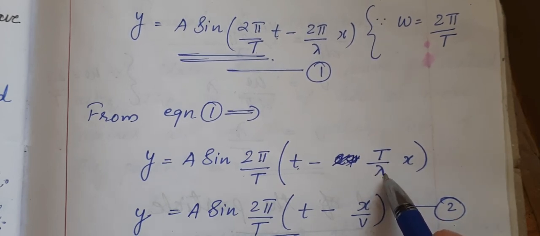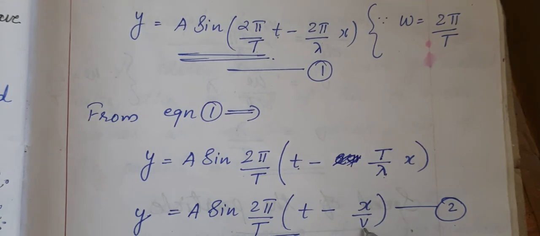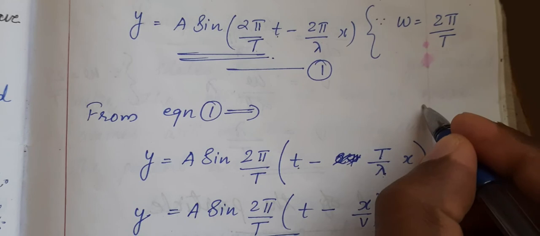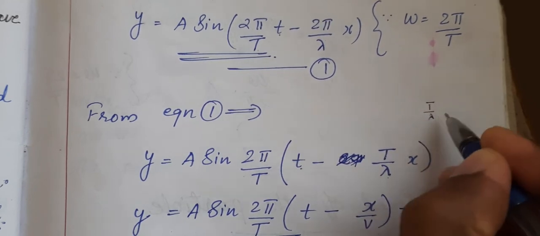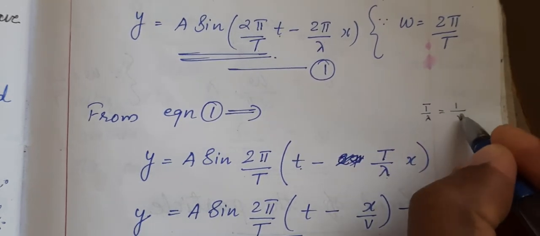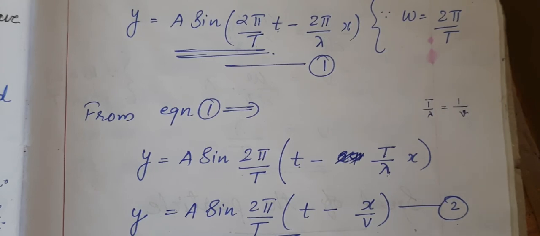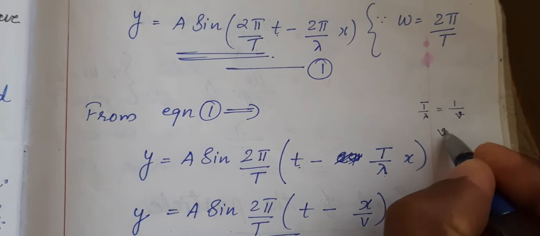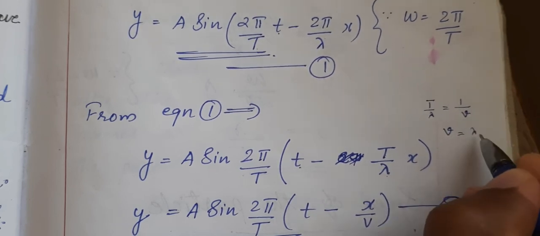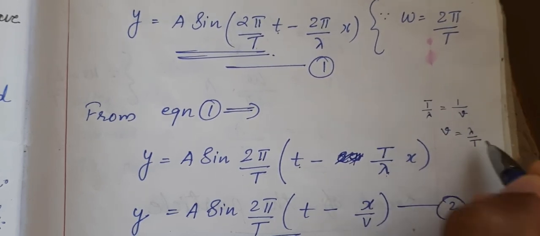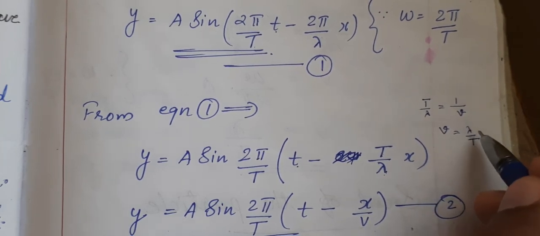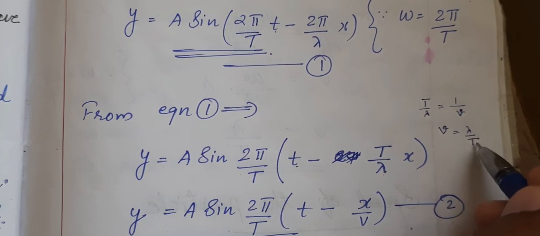And now there is T by lambda, the time period divided by wavelength. This is nothing but 1 by the velocity of the wave. This is coming from the equation v is equal to lambda by T. We know v is the speed, and that can be expressed as distance by time.